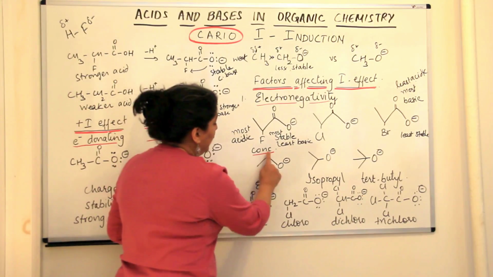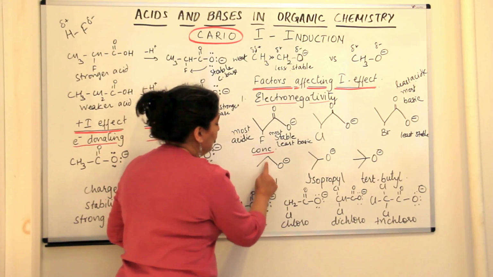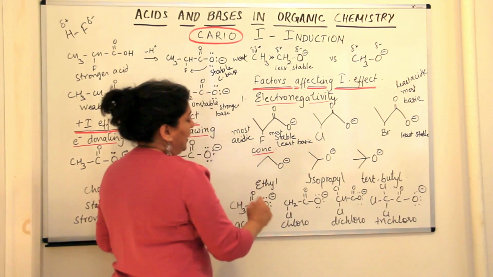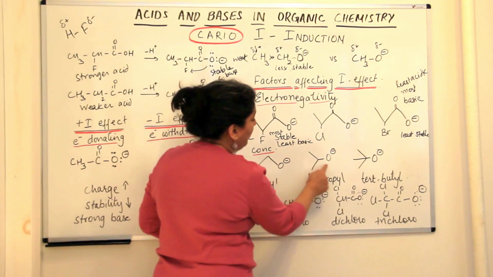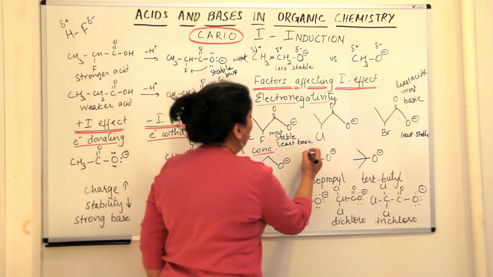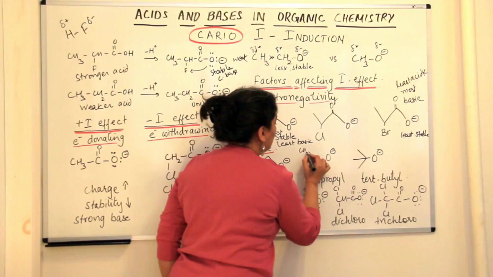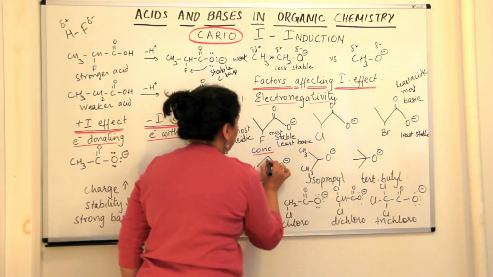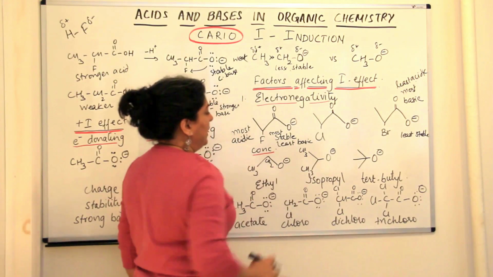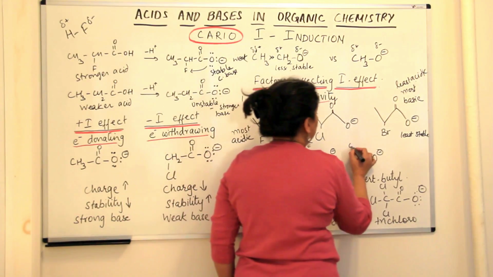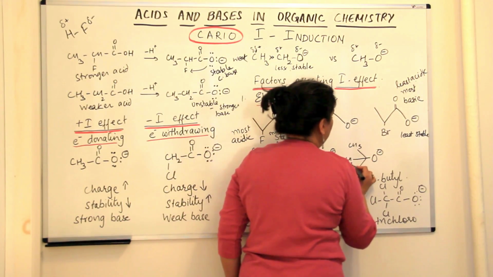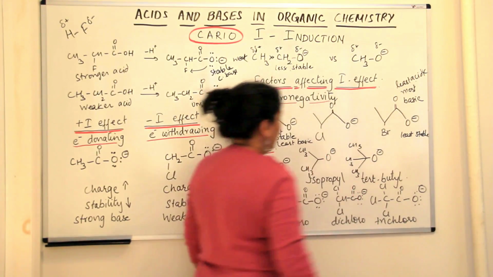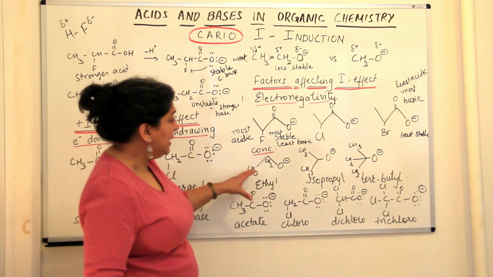So here we find that these groups are CH2, CH3. And here it is isopropyl alcohol. From isopropyl alcohol, this is a CH3 group, this is a CH3 group. This is a CH3 and a CH2. There is no branch here. And here you have CH3, CH3, CH3, 3 methyl groups. Do you see?